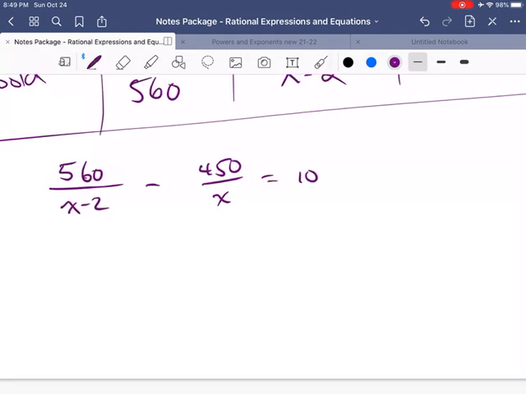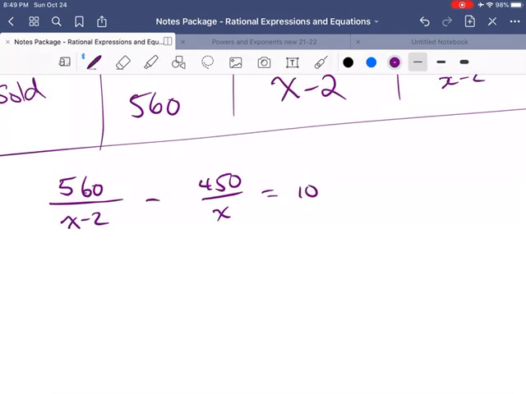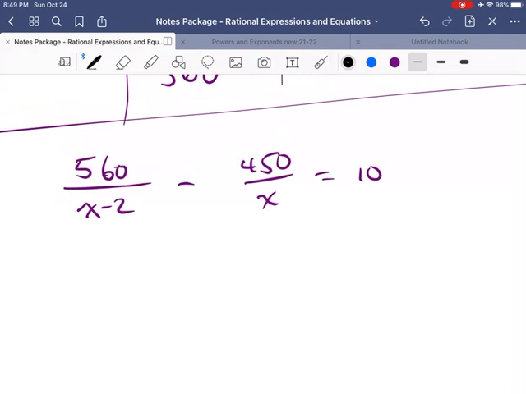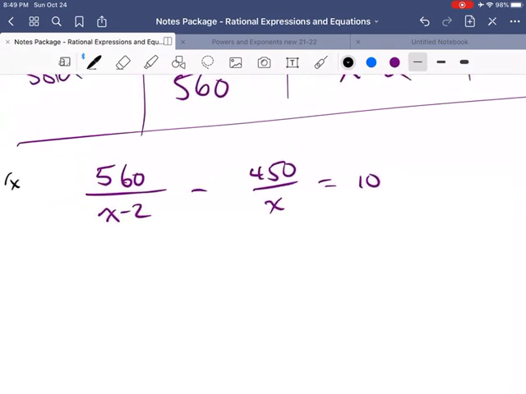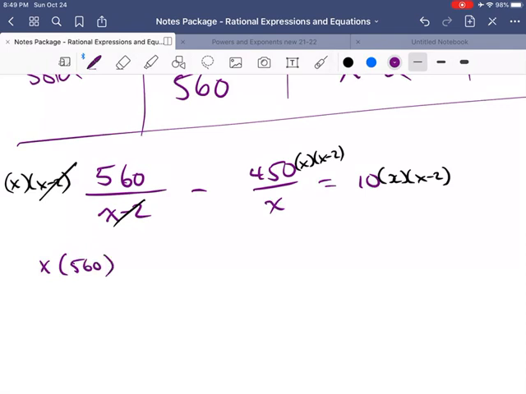Our common denominator is going to be x and x minus 2. We have to clear the denominators, so multiply each term by x and x minus 2. We're left with x multiplied by 560, and then the x and the x simplify, so you're left with 450 multiplied by x minus 2.